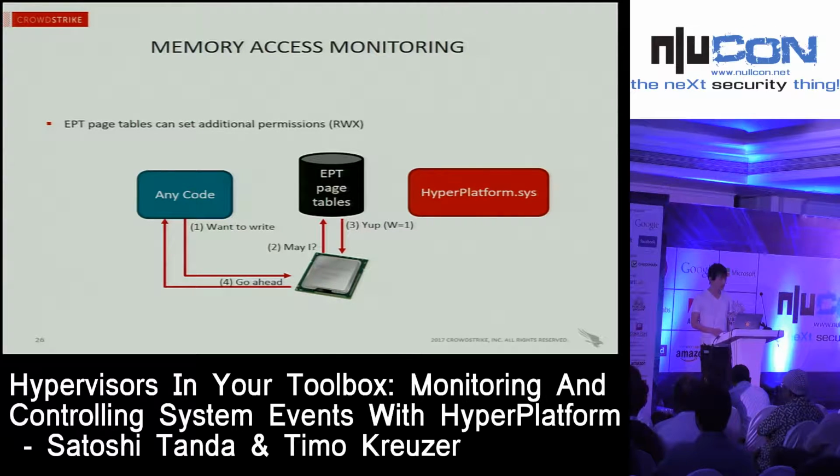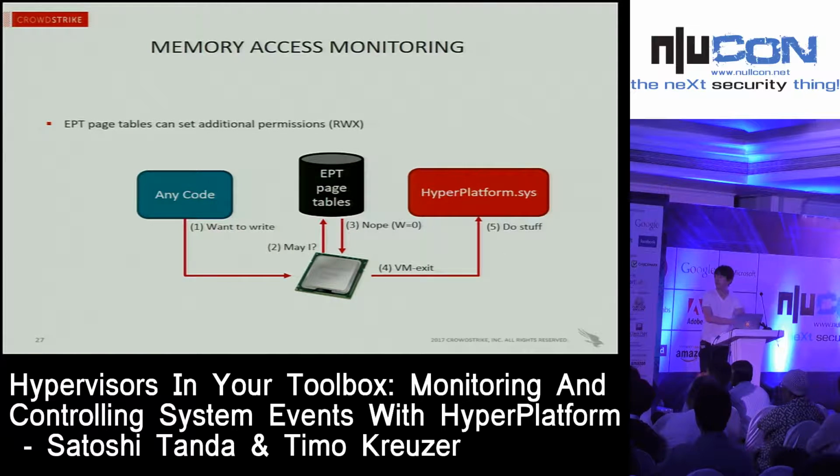And if it is writable, then the processor just executes the instruction. But if that page is configured to be read-only, non-writable, then the processor triggers a VM exit. And HyperPlatform can do something interesting, whatever you want to do.